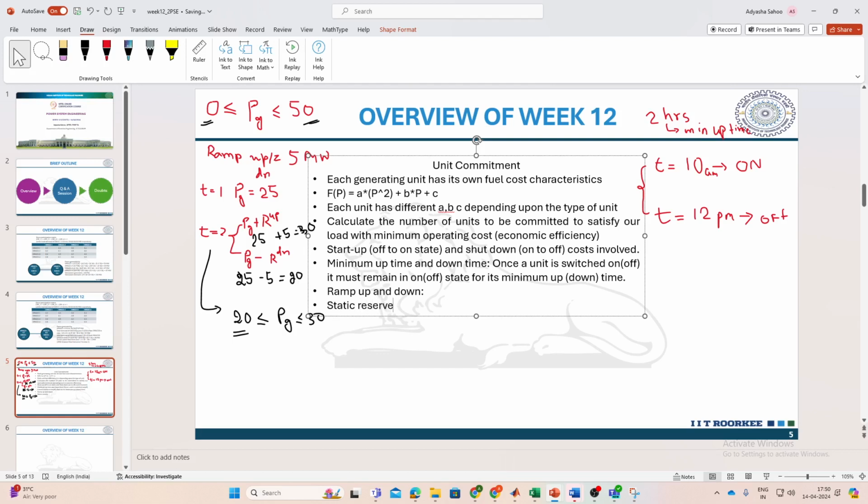Static reserve means that whenever there is an outage, because these generating units are plants, which consist of different turbines, valves, pumps, boilers, etc. Different units are there.